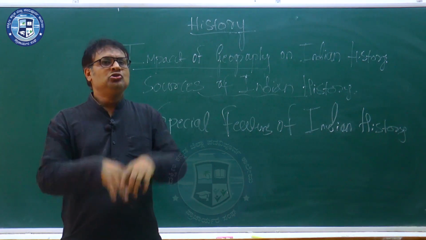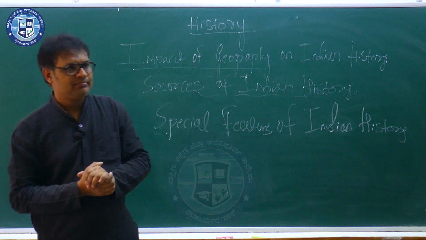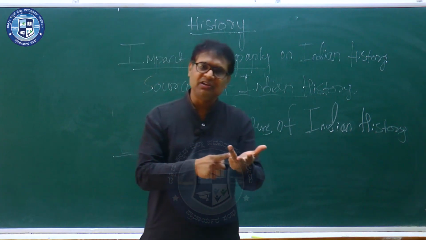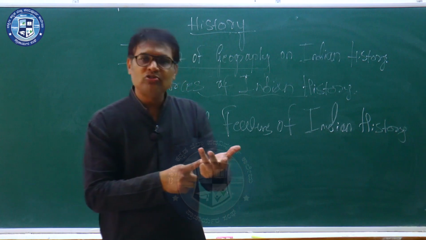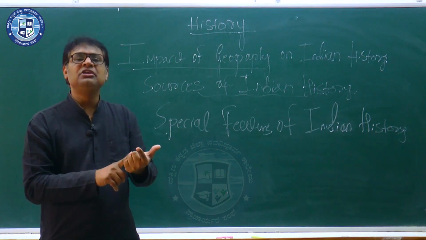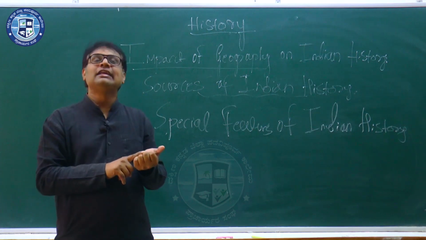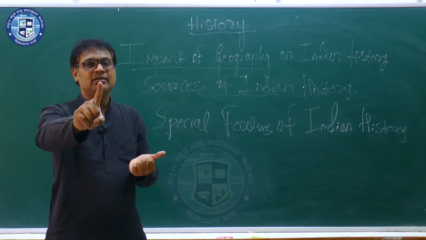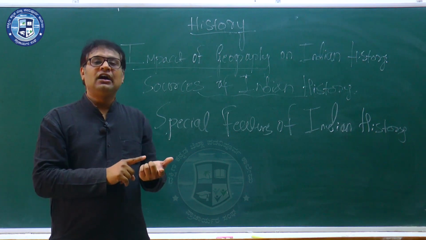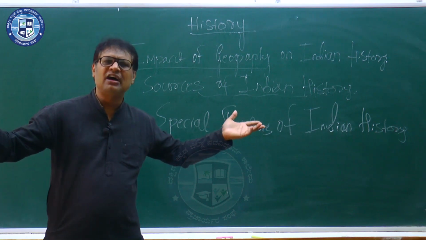We have different types of culture. We have more than 2000 languages. We have thousands of castes. We have more than 9 important religions in one country. We have thousands of communities.